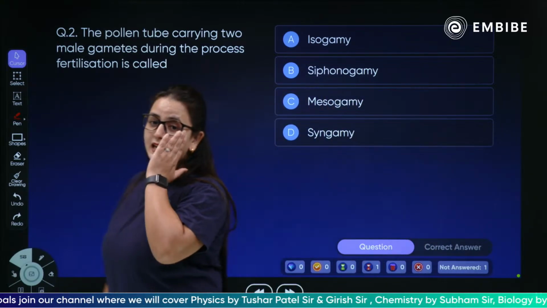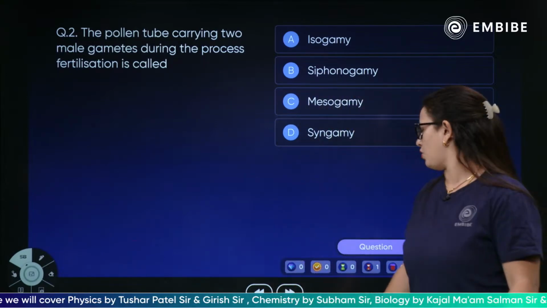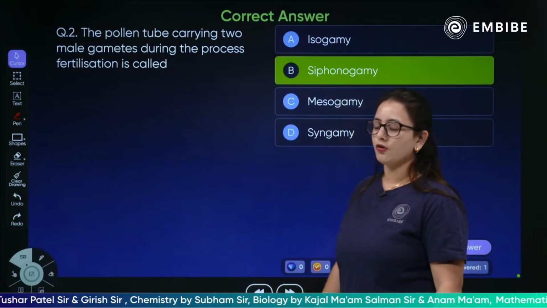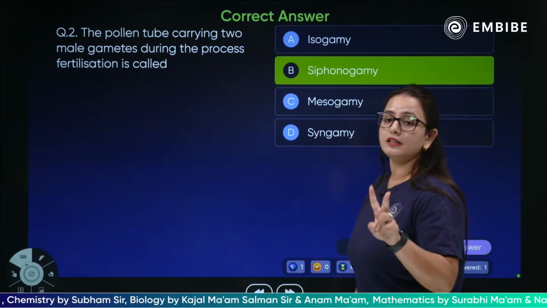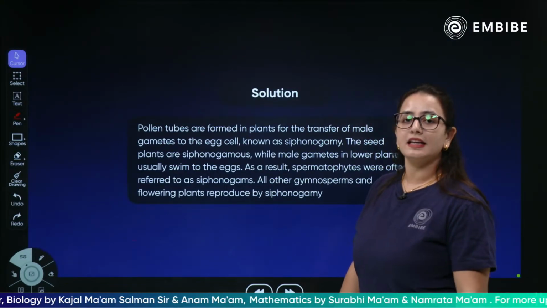The pollen tube carrying the two male gametes during fertilization is called siphonogamy. Siphonogamy is when the pollen tube carries two male gametes for the fertilization events.